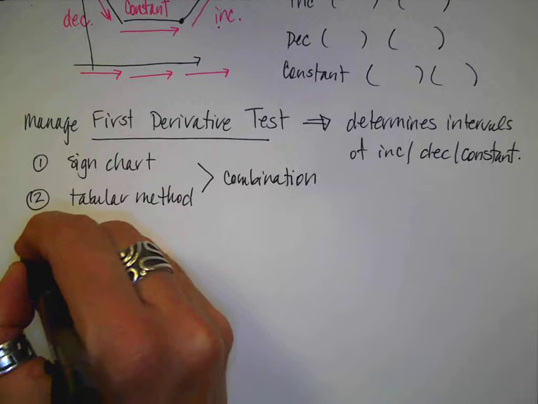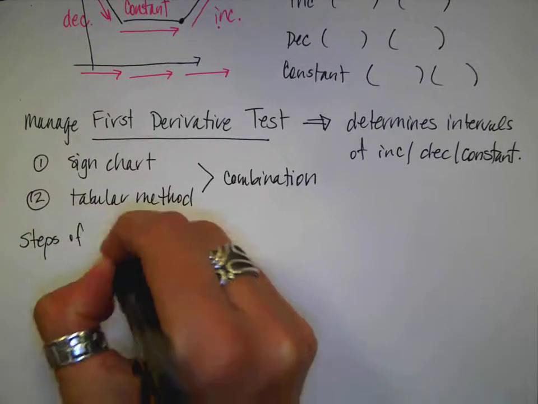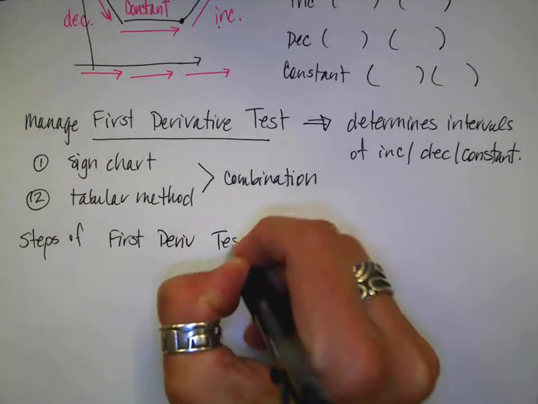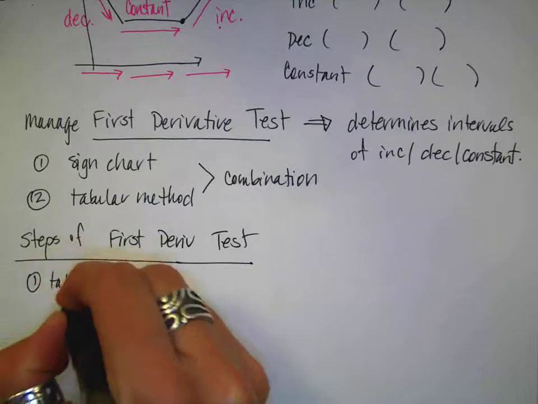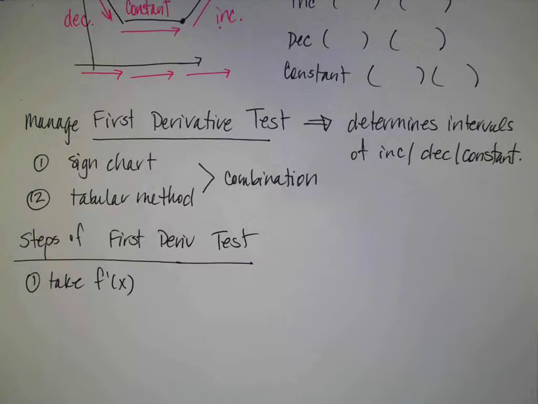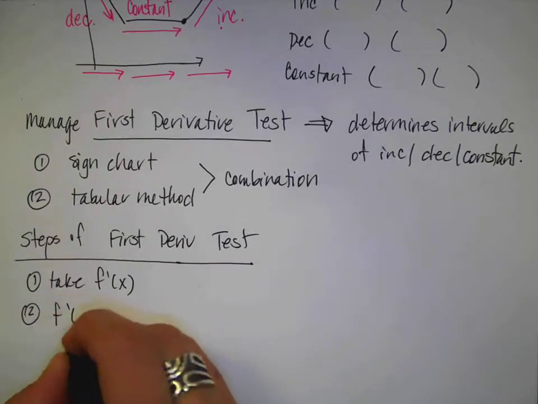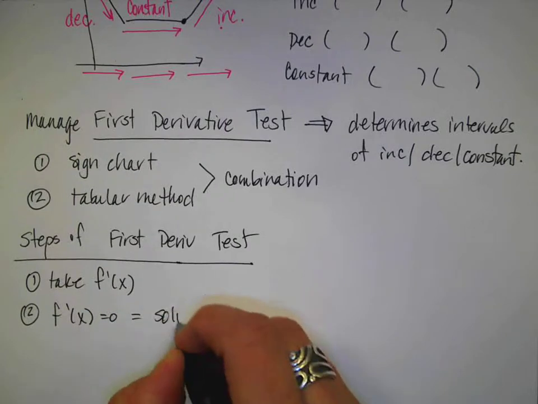So the first step, so I'm going to do steps of our first derivative test. So the first one, obviously, is to take the derivative. So I'm going to take the derivative of the function, and then I'm going to set my derivative equal to 0. So I'm going to set my derivative equal to 0, and I'm going to solve for x.